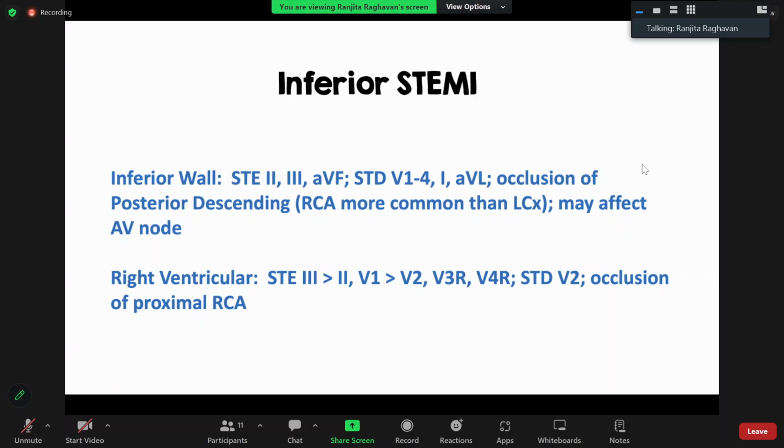A lot of times with inferior STEMIs, you're going to have an RCA occlusion in addition to or instead of the left circumflex, and you can also have the whole posterior wall involved. So you might want to consider getting a right-sided EKG as well to see if there are other elevations showing more of the RV has been infarcted.